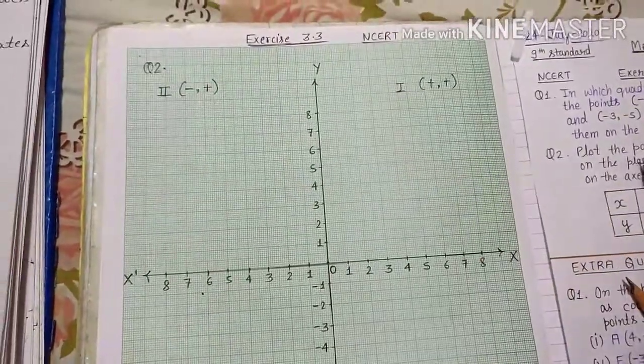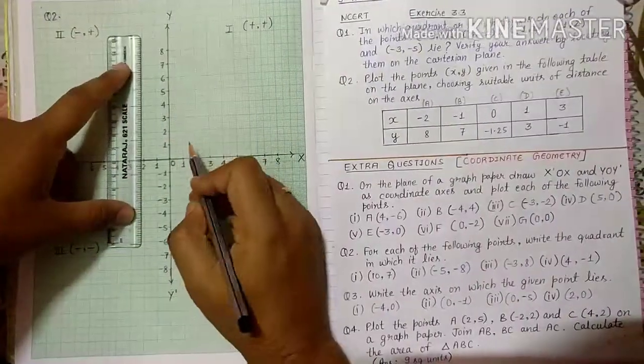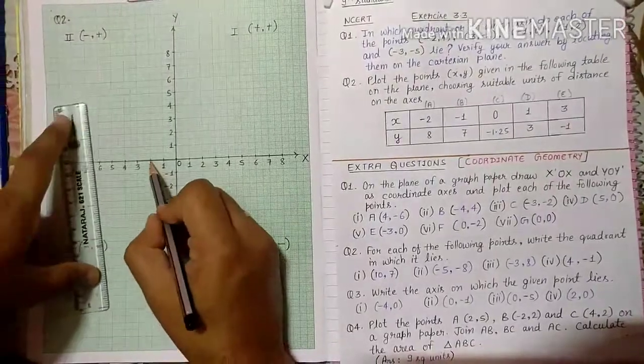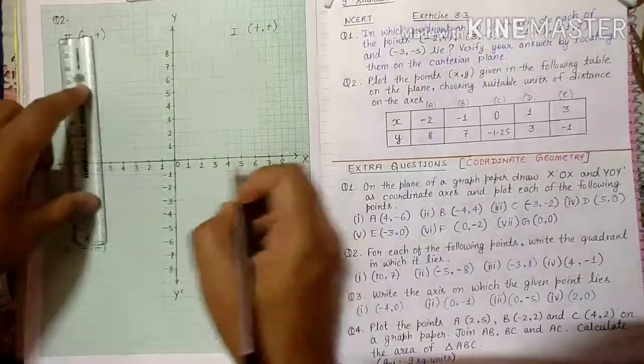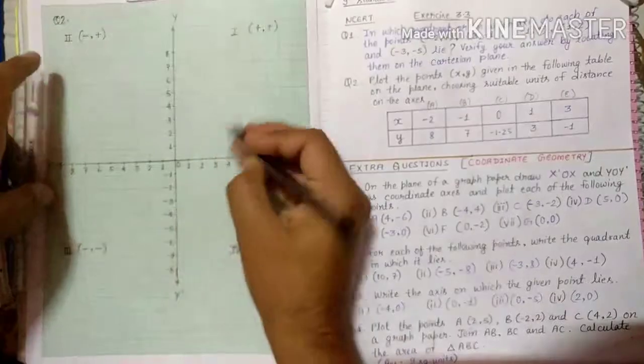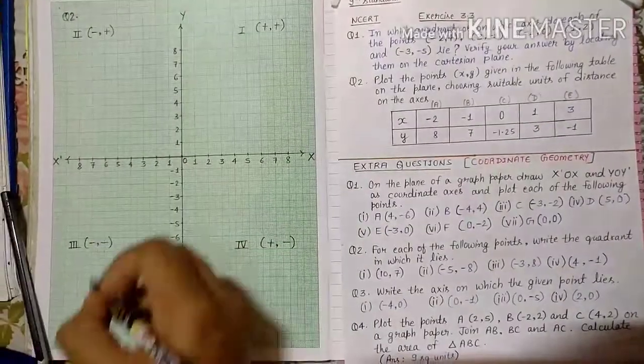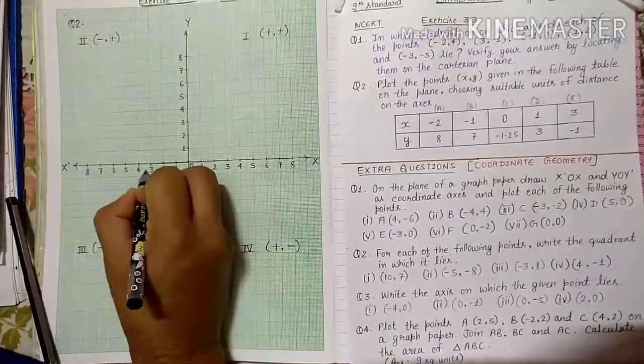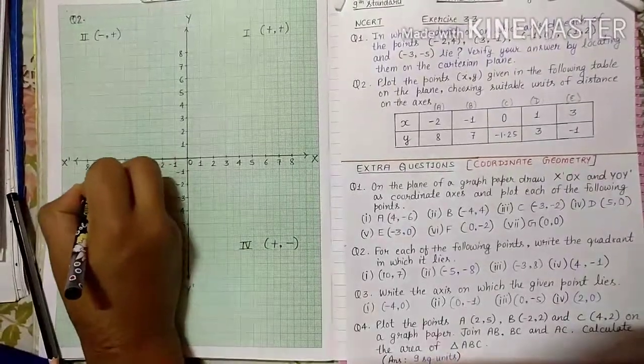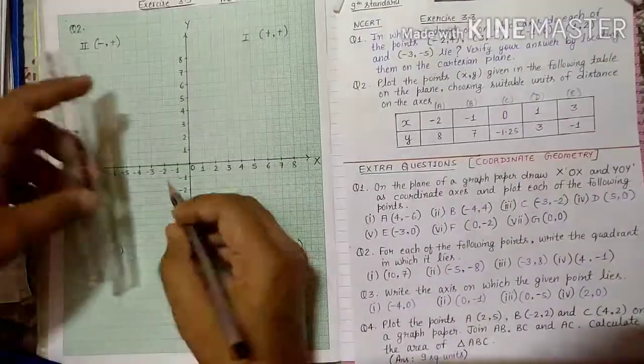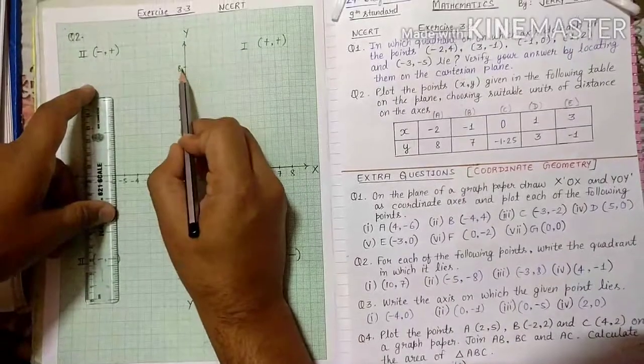Now let's locate it. We have to take the perpendicular distances. Where is minus 2? These are minus 1, minus 2, minus 3, minus 4, minus 5, minus 6, minus 7, minus 8. This is minus 2, and 8 is coming here.